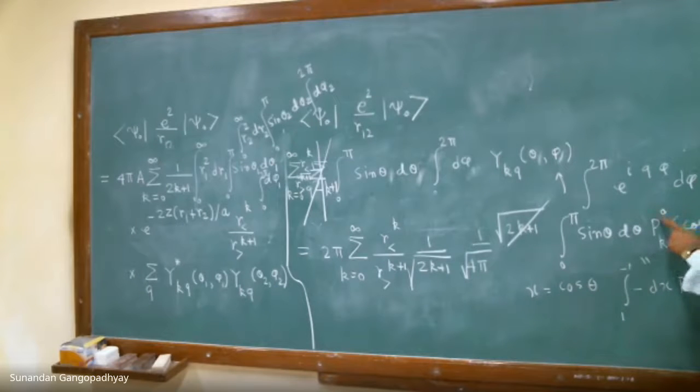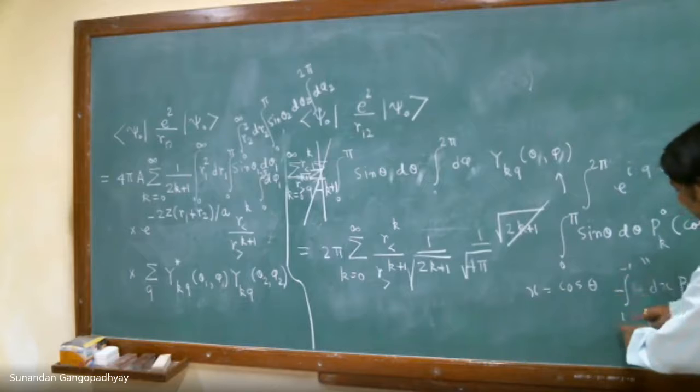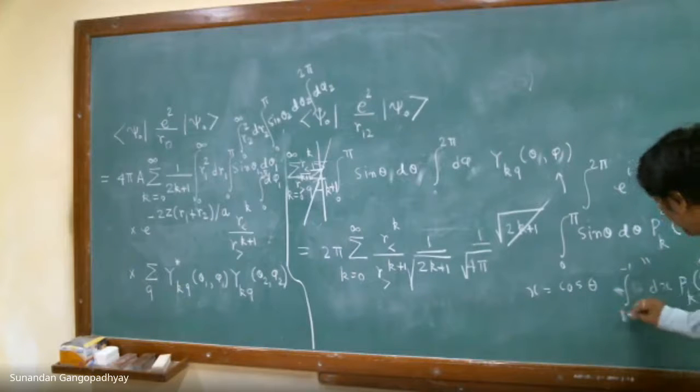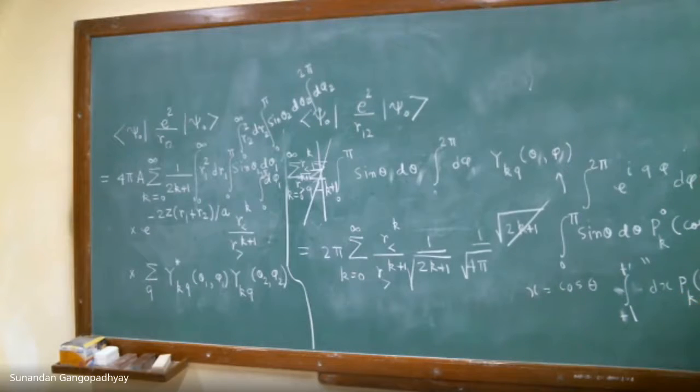Pk0 is as good as Pk, the Legendre polynomials themselves, so this is Pk(x). And now you can invert this sign. There is a minus sign. You can change the limits of integration by absorbing this sign, so this will become minus 1 to plus 1. So this is dx Pk(x).